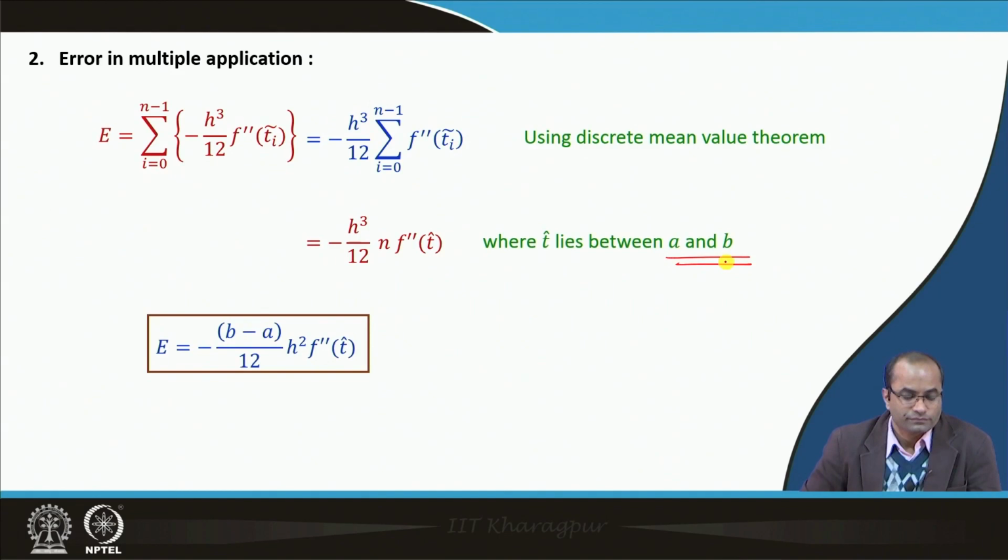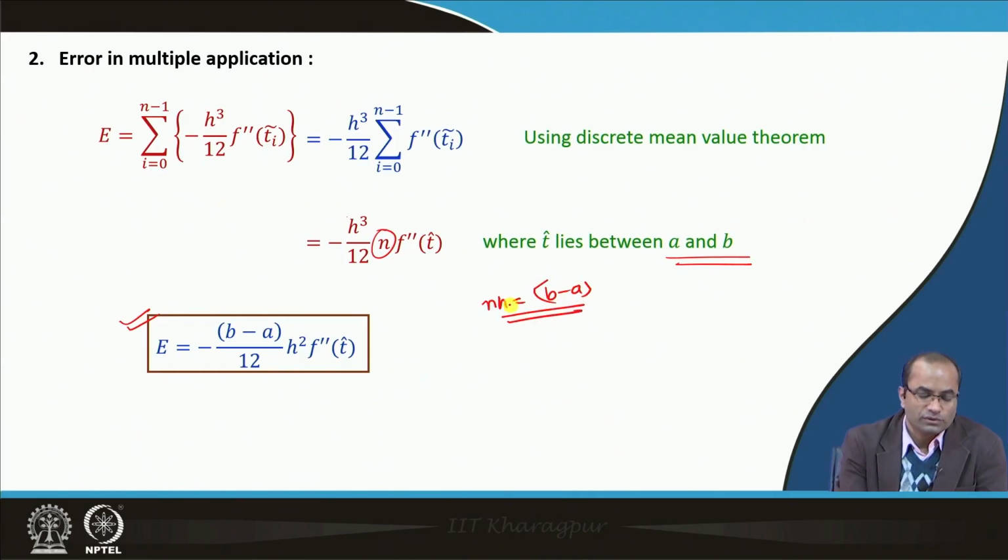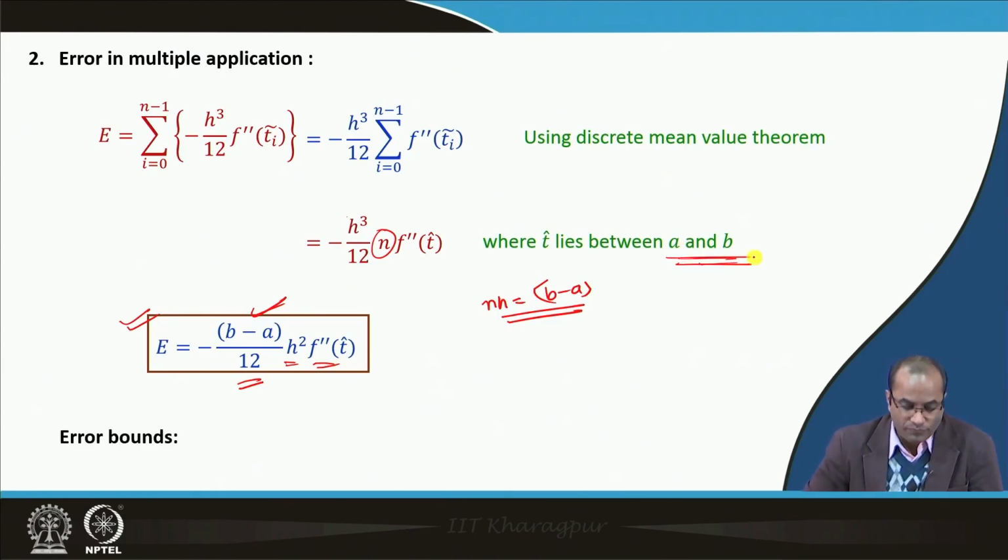a and b. So, now we got the formula, because n times h is nothing but b minus a, the whole interval. So, that we have given here as minus b minus a divided by 12, times h square, and then the double derivative at some point t hat which is between a and b.